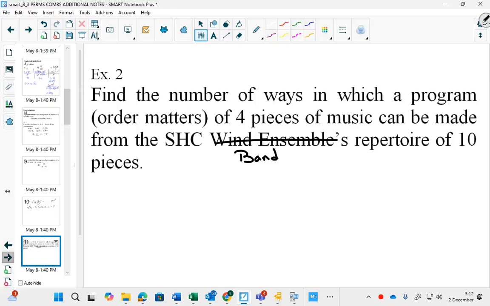Yeah. Does the order matter? Yes. Most likely, they probably were forced to learn O Canada, and if you're at a school concert and they play O Canada third, it's awkward. It's just kind of like, oh, maybe you should do it at the end, and then say thanks for the standing ovation. No, they play O Canada first, and then they do their program. That's what usually happens. That's what I'm saying. The order does seem to matter.